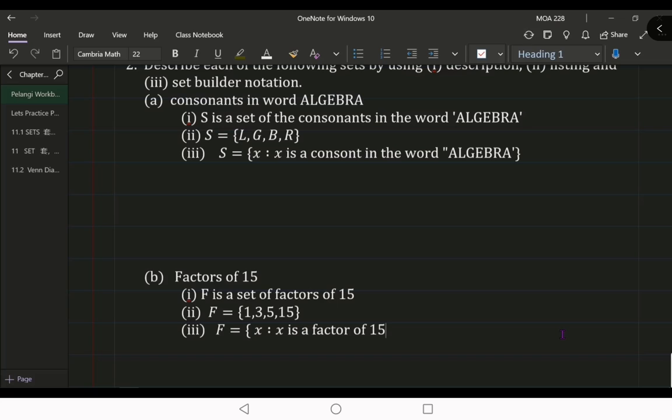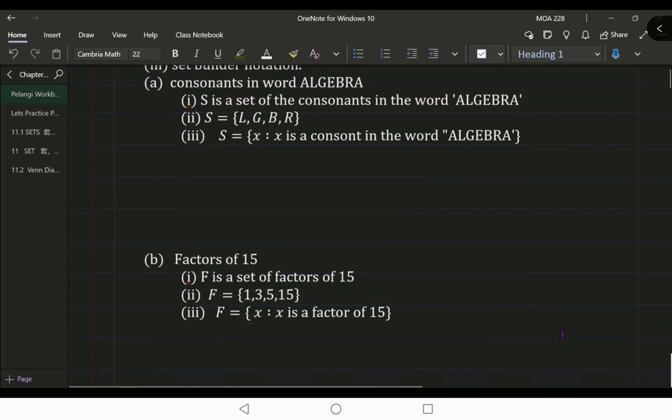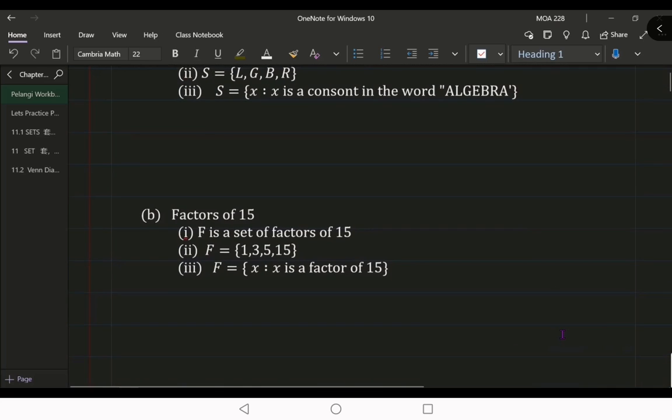So you need to cross the places something like that. This one is set builder notation. Okay, go for number 3.